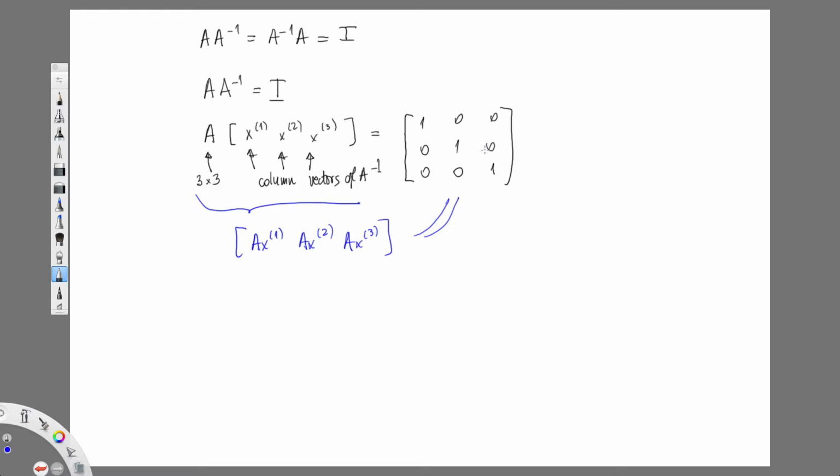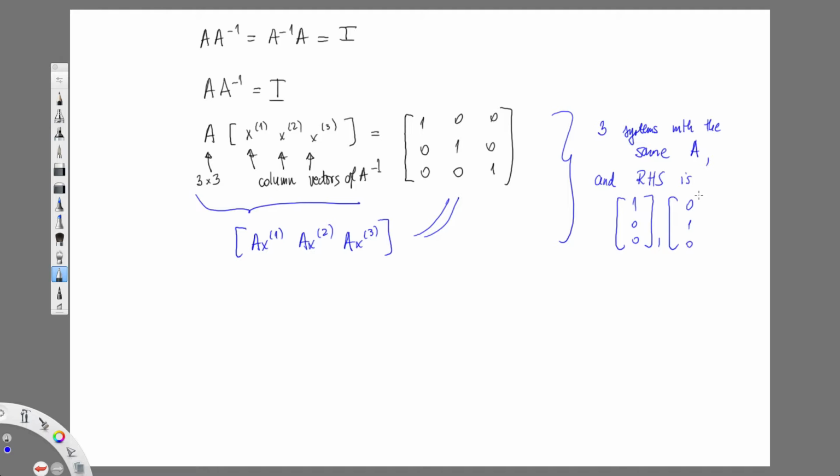So this is right for LU decomposition. This is 3 systems with the same A, and my right hand side, which I'm writing as RHS, is 1, 0, 0, 0, 1, 0, and 0, 0, 1.